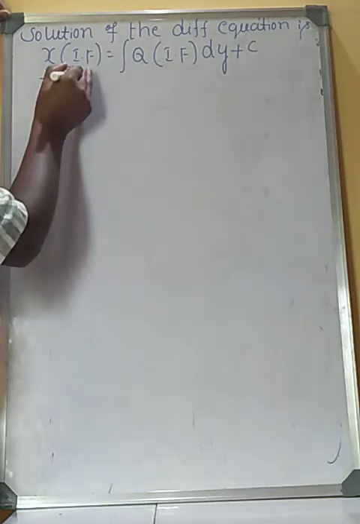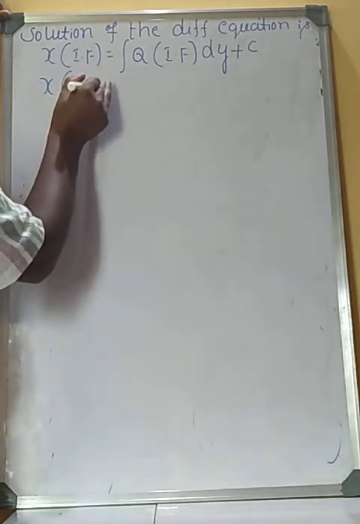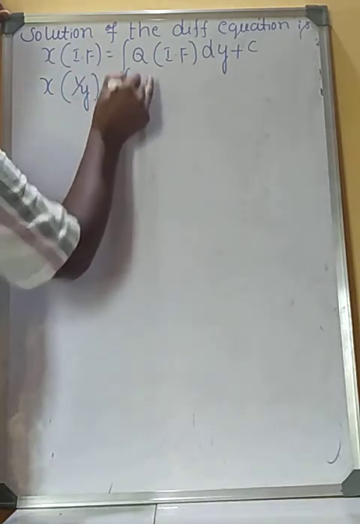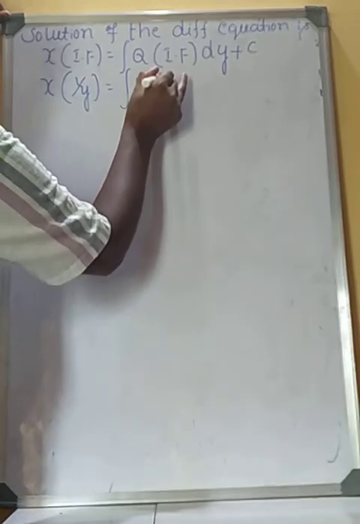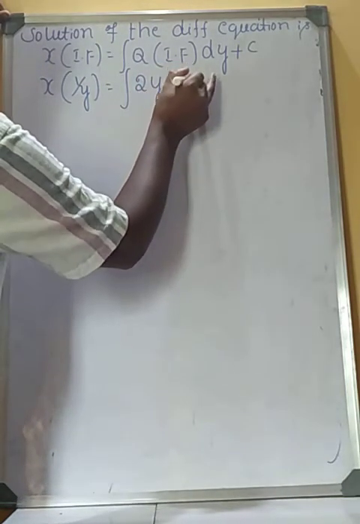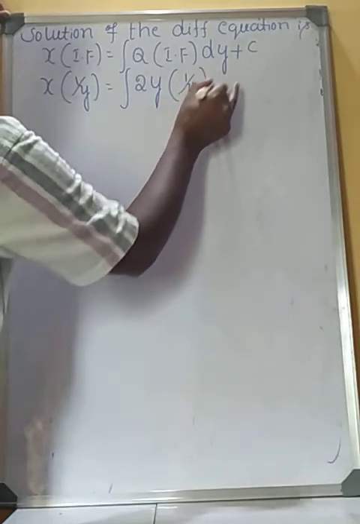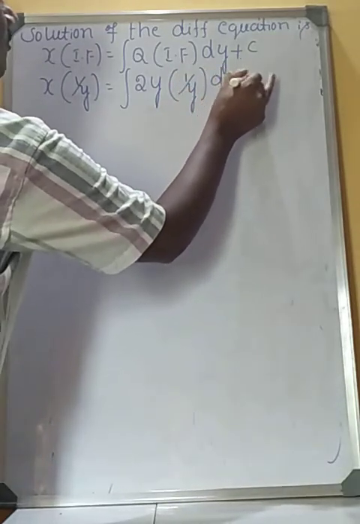So x into 1 by y is equal to integral of 2y into 1 by y dy plus c.